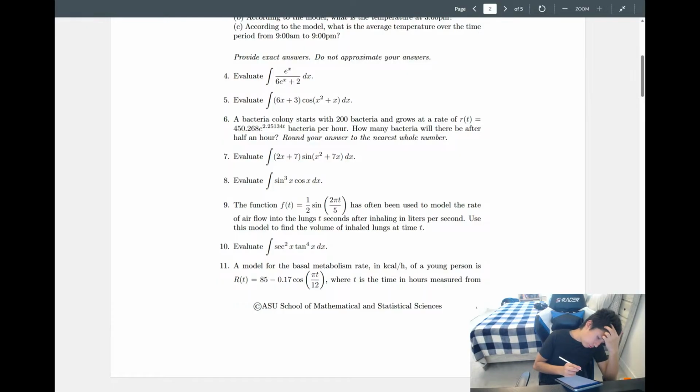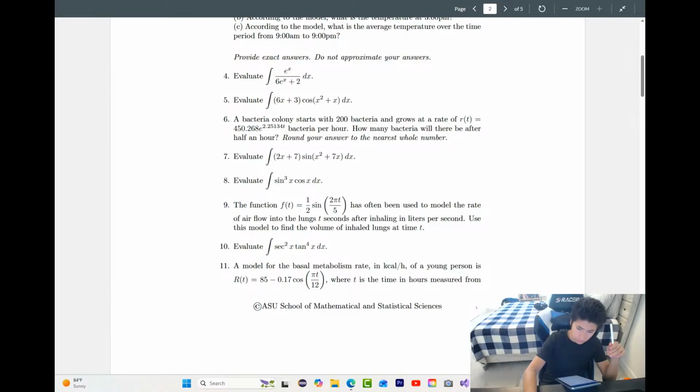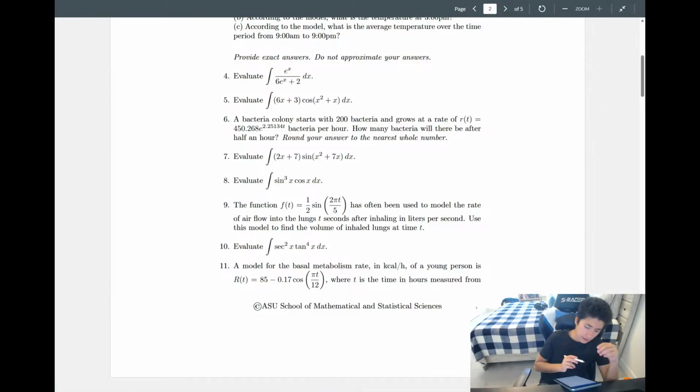So we've now a fraction, 1 over 6u plus 2. Well, that's easy to calculate, right? Let's see.